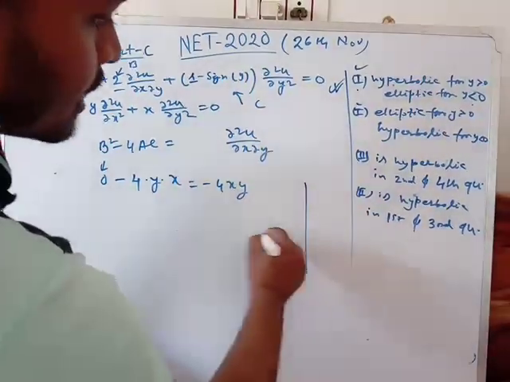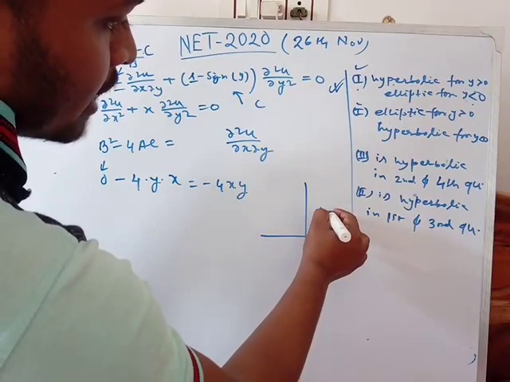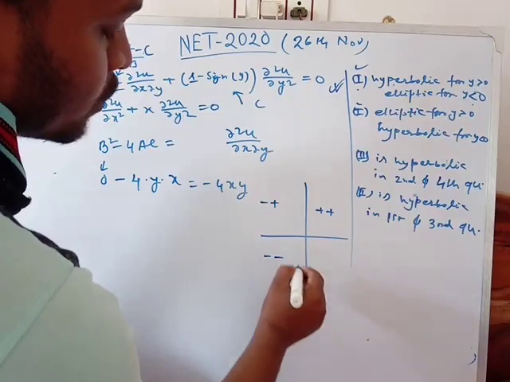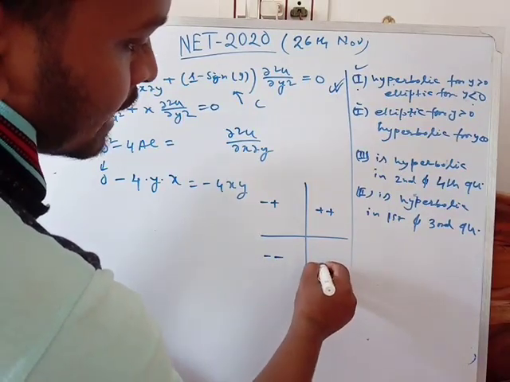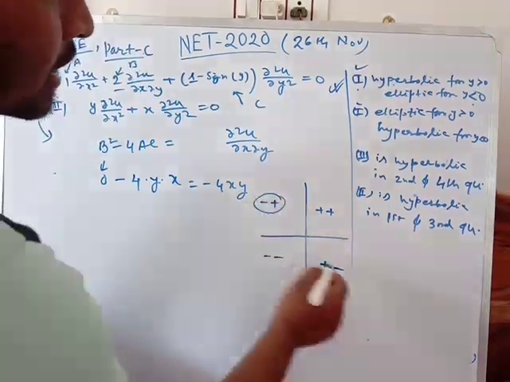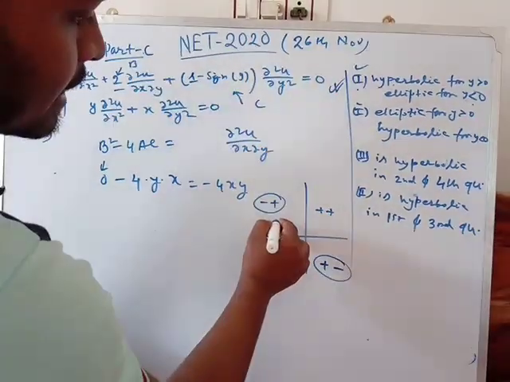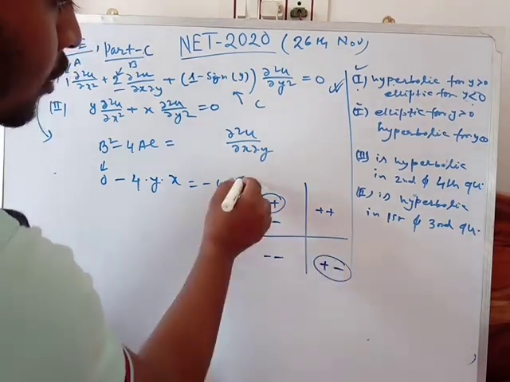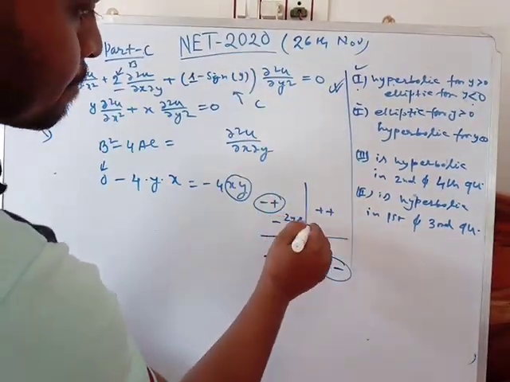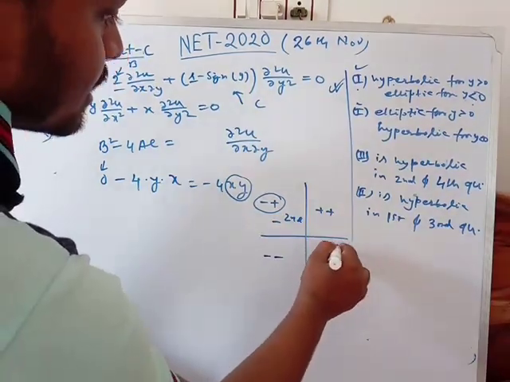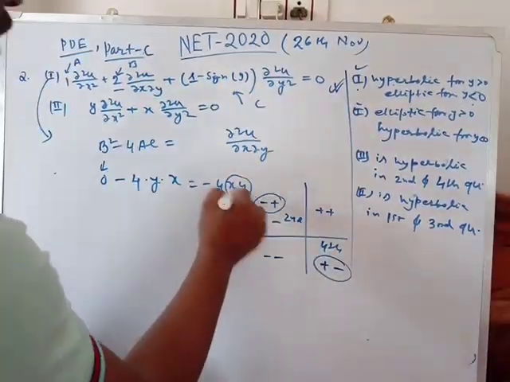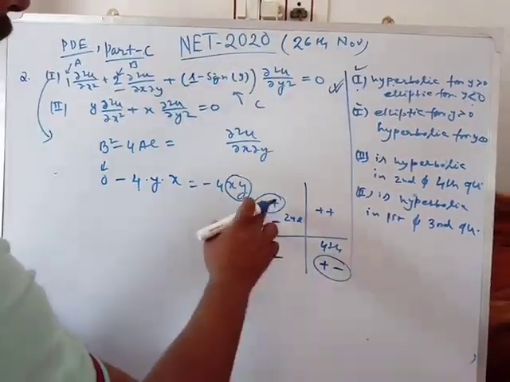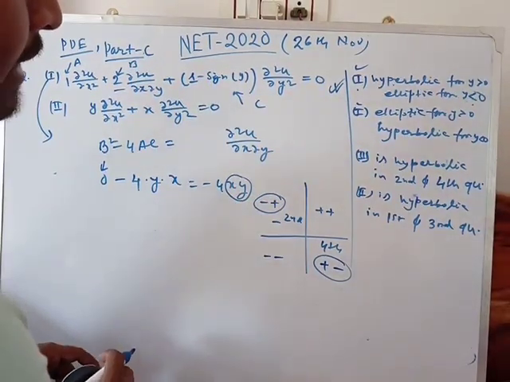So if we draw the quadrants, this is the first quadrant, x plus y plus, here x minus y plus, here x minus y minus, and this fourth quadrant x plus y minus. So in the second and fourth quadrant, the product of xy will be negative, because x and y are of opposite sign.